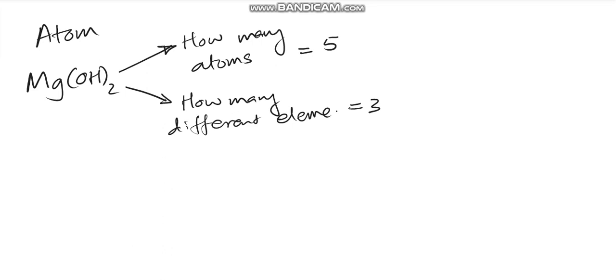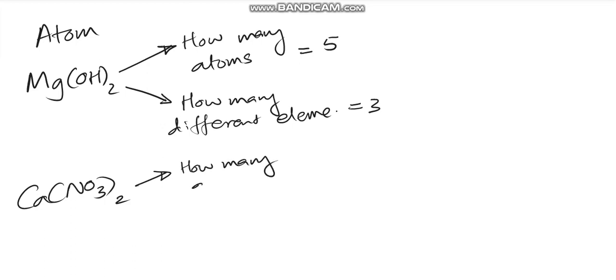Another one, let's say calcium nitrate, Ca(NO3)2. How many atoms? We have 1 calcium, 2 nitrogen and 6 oxygen. So 1 calcium, 2 nitrogen and 6 oxygen, a total of 9 atoms are there.